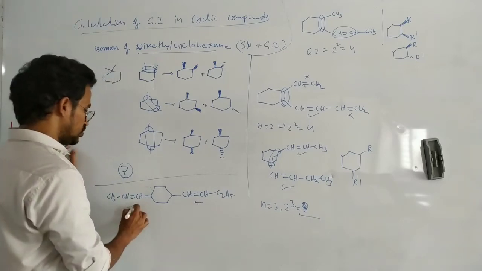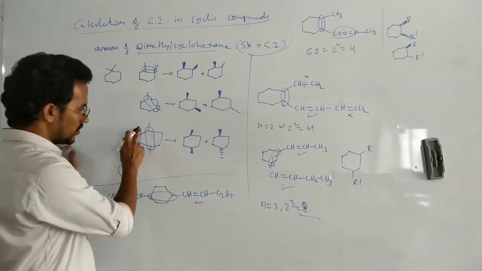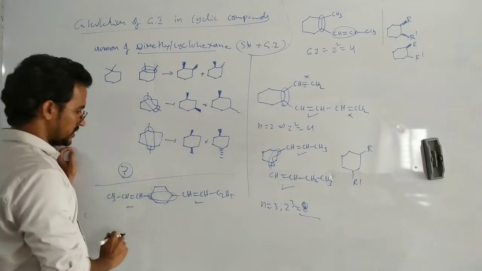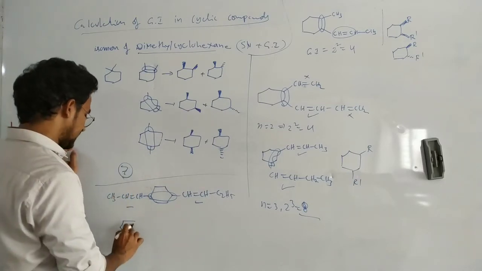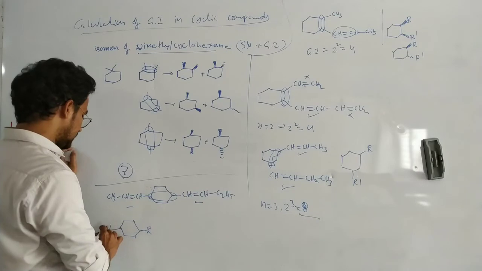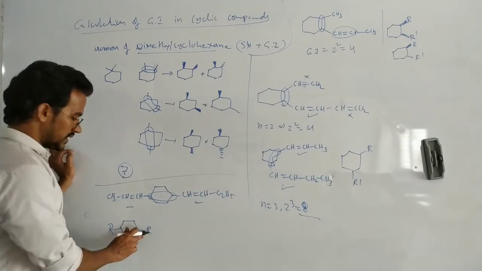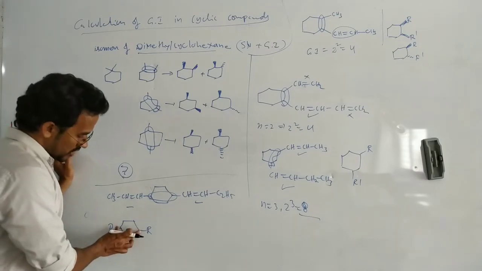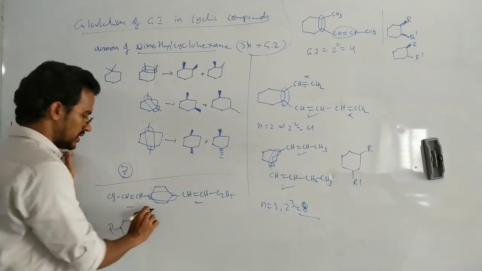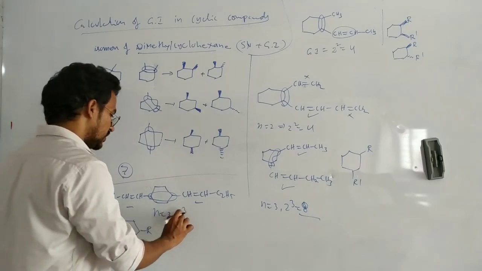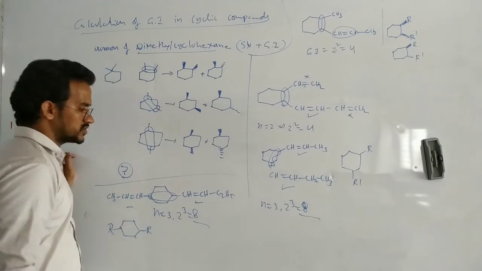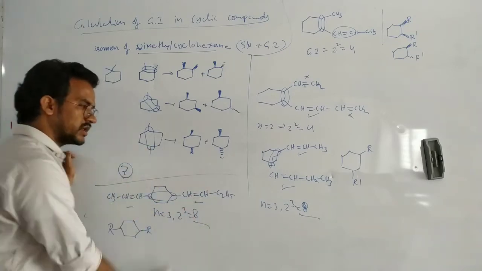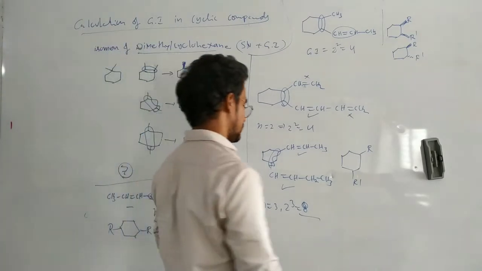Here 1,2 and this one also same like 1,4. That means here consider this one like this. This is one alkyl group and this is one alkyl group. Here we can get the cis-trans isomers. That's why we have to take this one as one stereogenic center. Here n equals 3. So 2 power of 3, 8 geometrical isomers, because here ethyl, here methyl, this molecule is an unsymmetrical molecule.